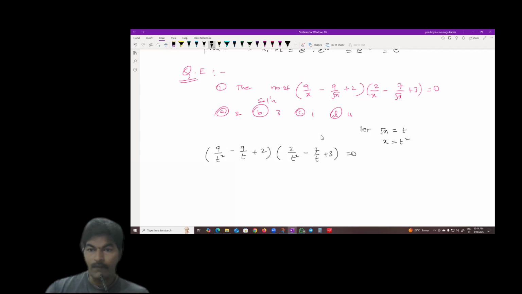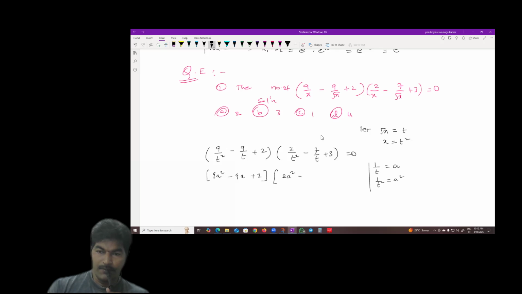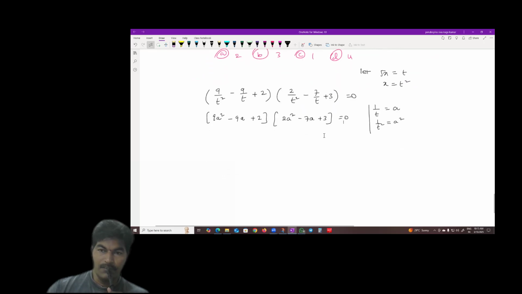Again, you can replace these equations: take 1 by t as a. Then automatically 1 by t square will be a square. Now this equation is converted as 9a square minus 9a plus 2 and 2a square minus 7a plus 3 is equal to 0.